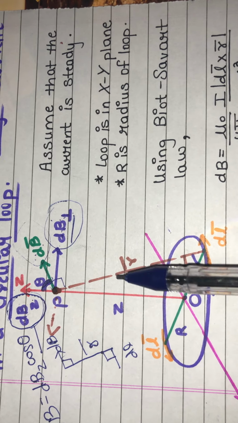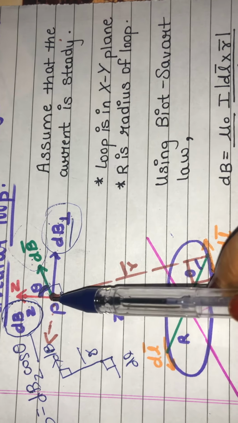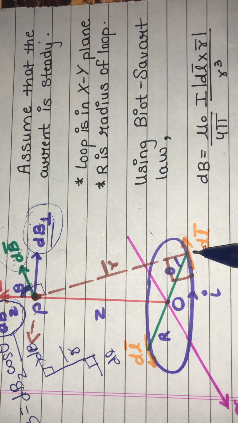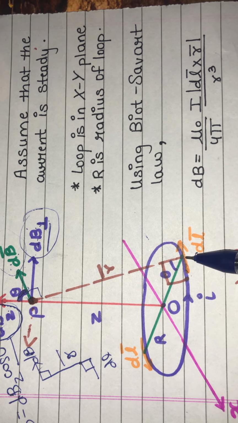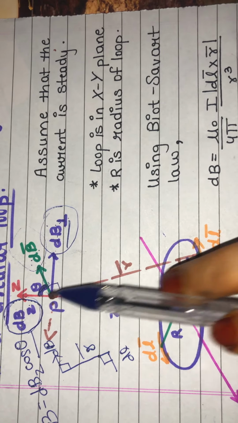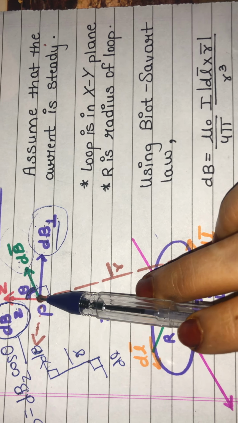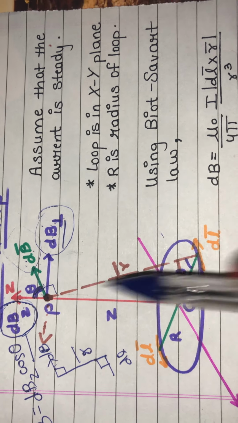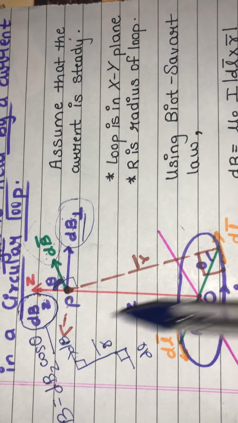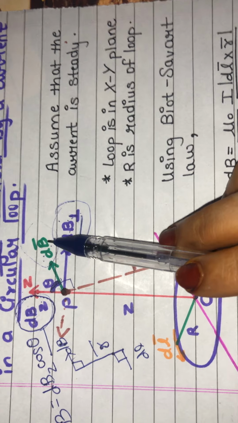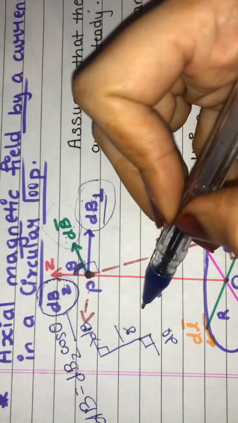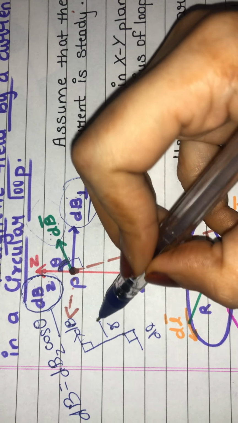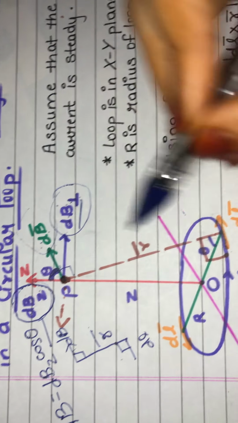Okay, now after that, let's come to this point. Due to small dl, or due to the small length element, there will be a small magnetic field at this point, that is dB. So dB is created due to dl. Okay, now what will be the direction of this dB? So here is how we will find out the direction of dB. As I told, r and dl are perpendicular to each other.